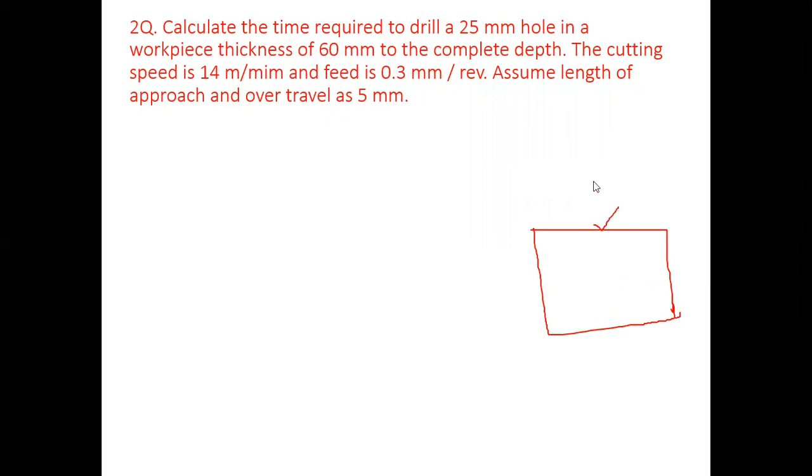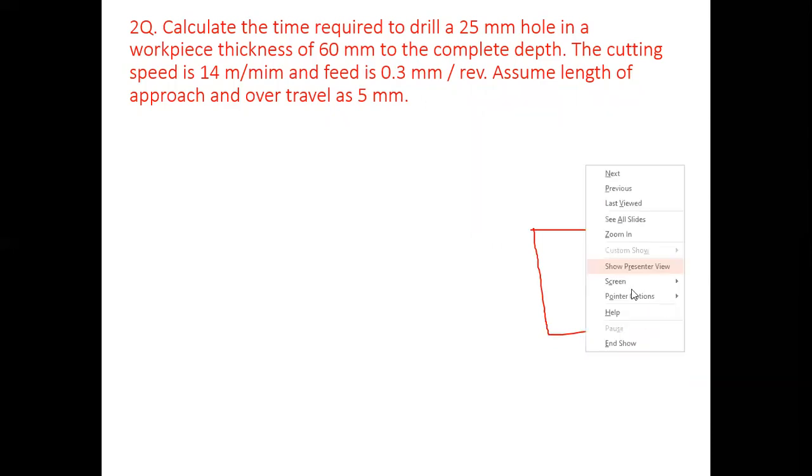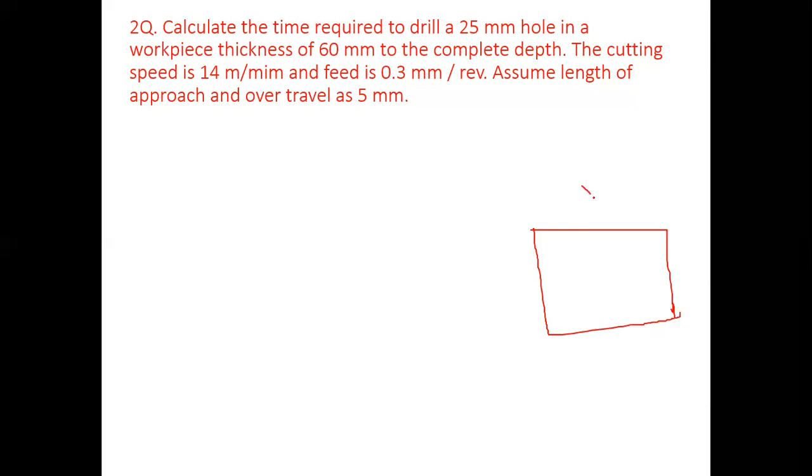Instead, we keep the workpiece a little away from the cutting tool. You keep it at a particular point and start the drill bit, and then by manually rotating the handle, you move the drill bit down.